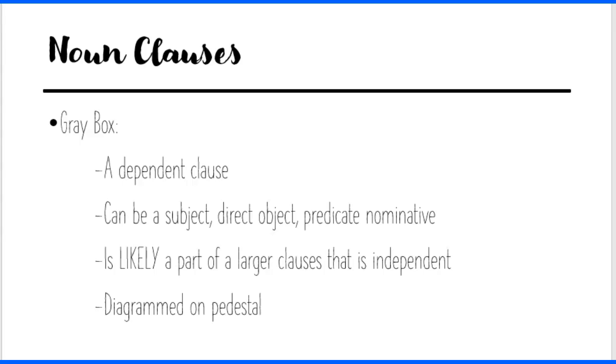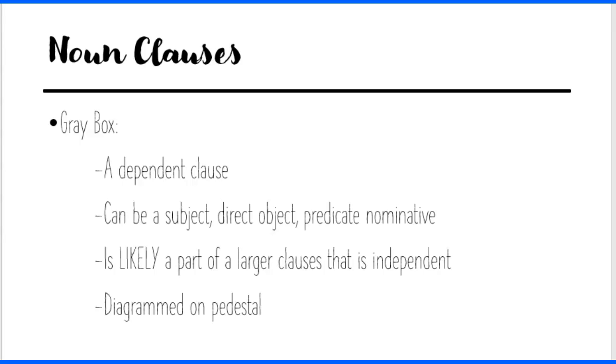But anyway, let's just go with most of the time that it is going to be part of a larger independent clause. So that's like pedestal Pete having a child, and his little child is part of the bigger picture. And so hopefully you'll be able to see that when we get to the diagramming.